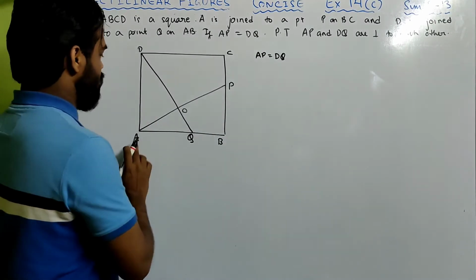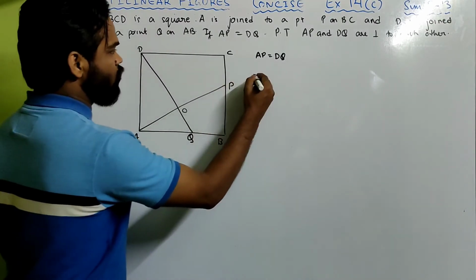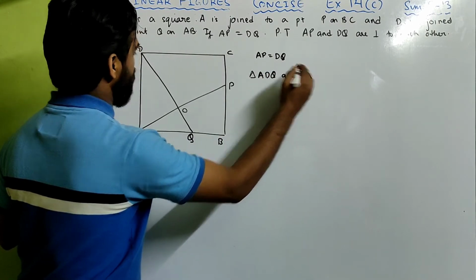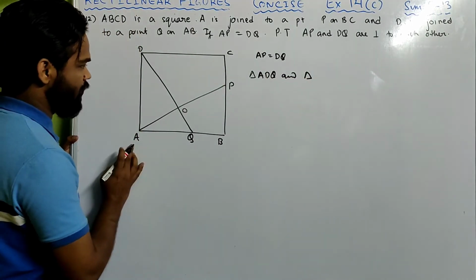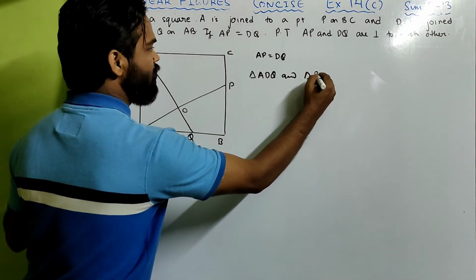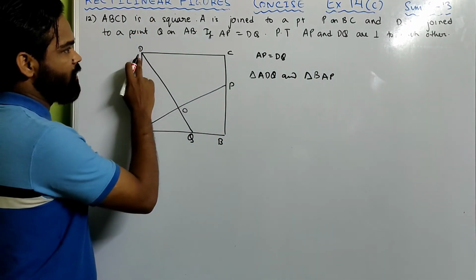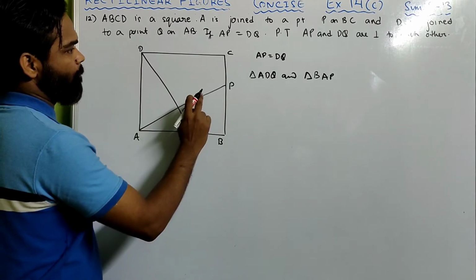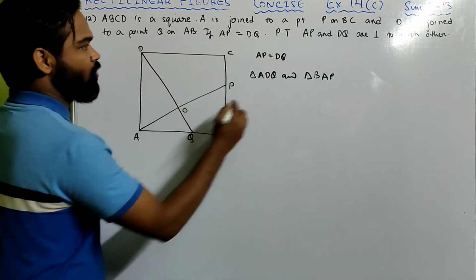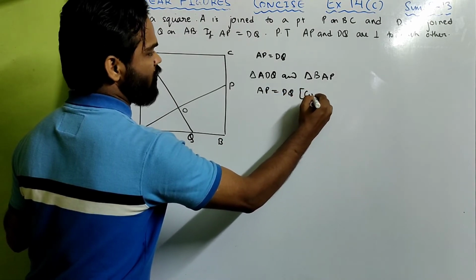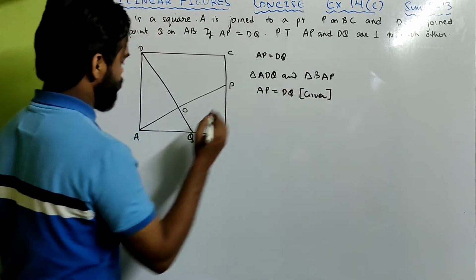Look carefully. Take triangle ADQ and triangle BAP. If you look carefully, AP and DQ are given equal. AP equals DQ. This was given to us, isn't it?